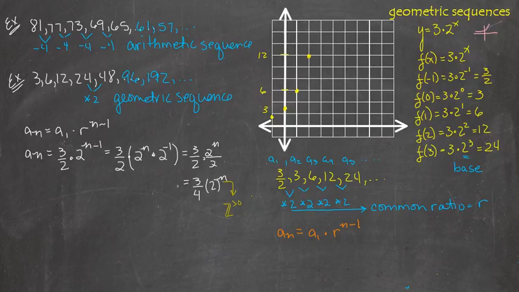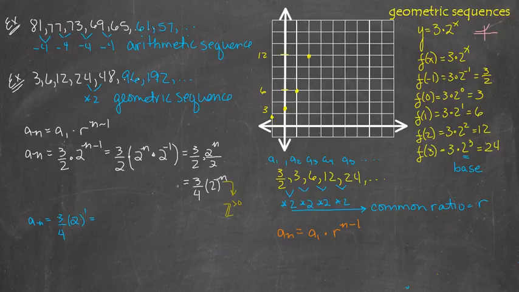So let's look at what happens when I plug in. I can't plug in -1 and I can't plug in 0. The first integer I can plug into my new formula is a +1. Let's see what I get out of that. Let's say a sub 1 equals 3/4 times 2 to the first power.